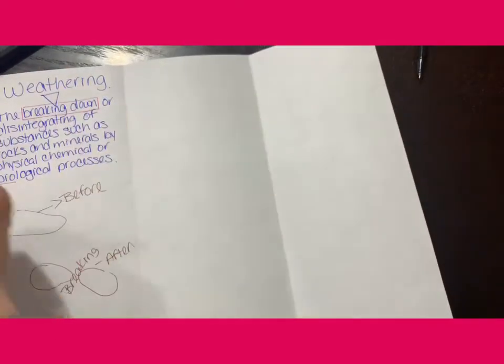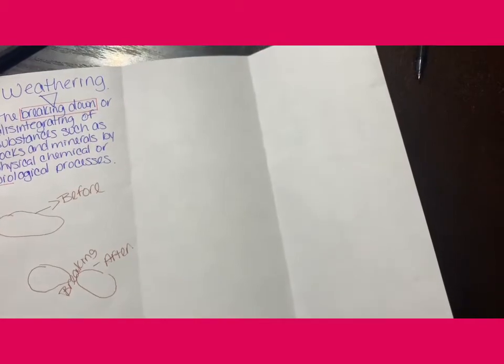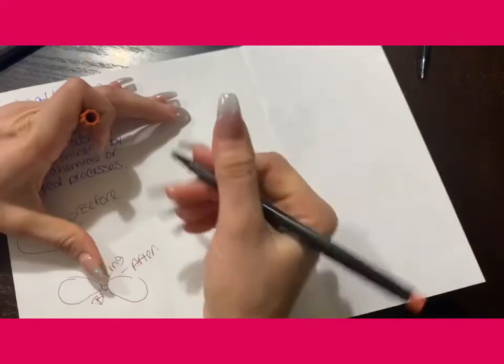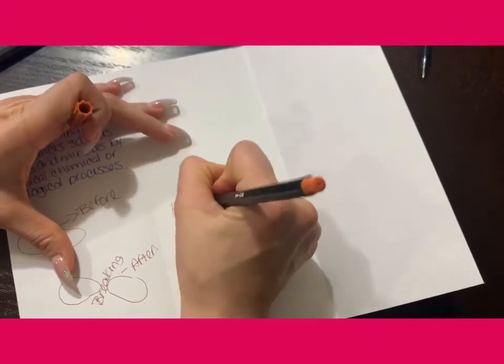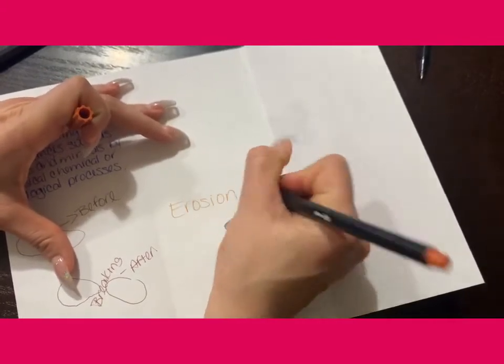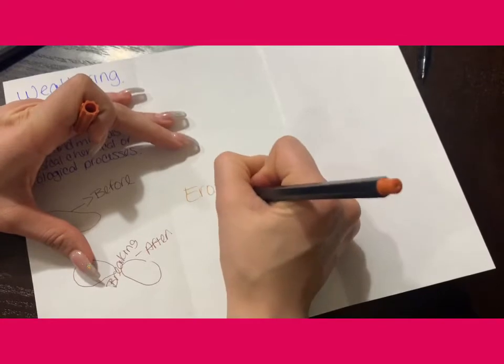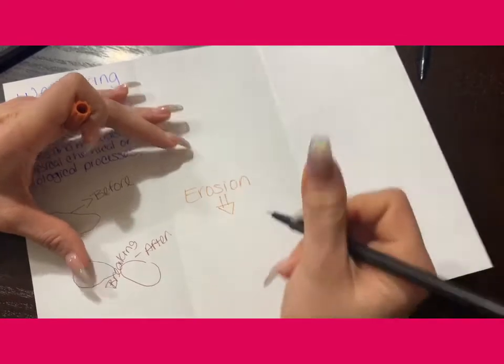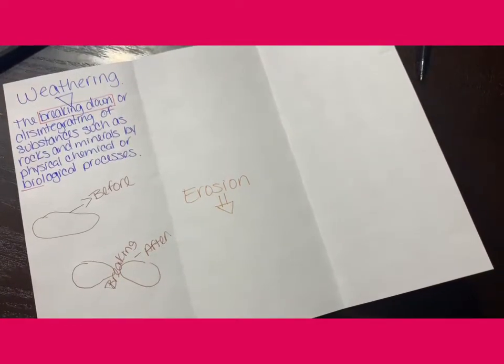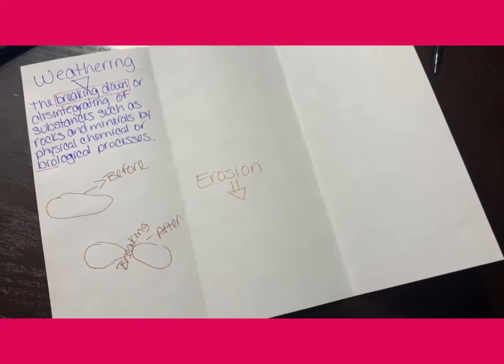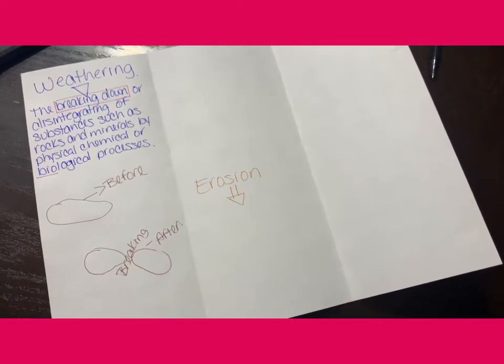On my next one, I'm going to do erosion. I have erosion. And erosion is the movement of sediment or soil from one location to another by means of water, ice, or wind.